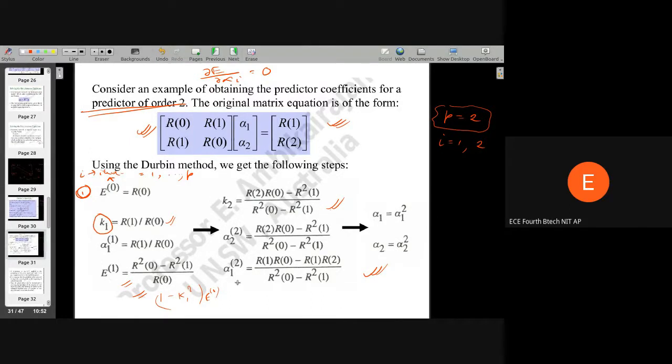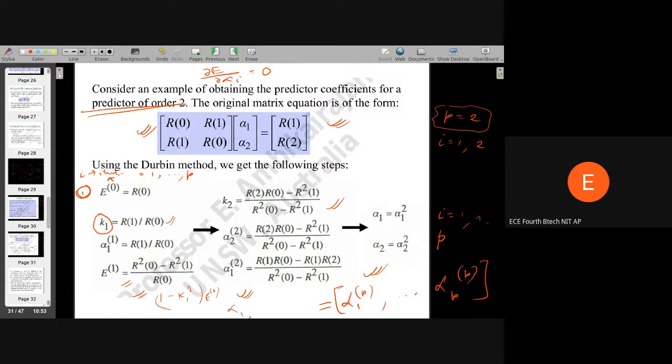So alpha 1 2, which is after the second iteration, after all the iterations, whatever your coefficients result, those are the final coefficients. So if your iterations run from i equal to 1, 2, 3, 4 to p, then alpha 1 p to alpha pp will be your final solution.